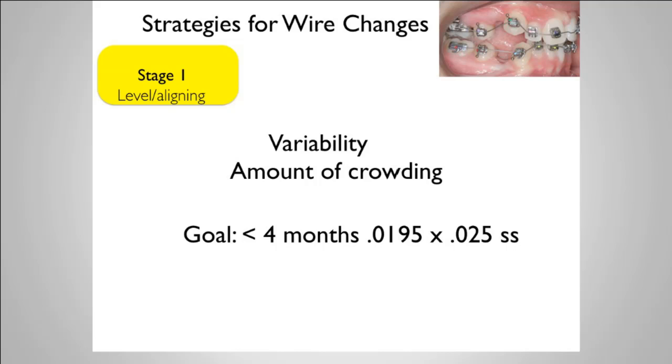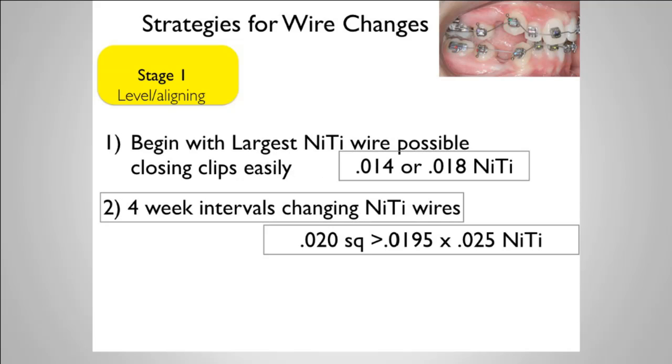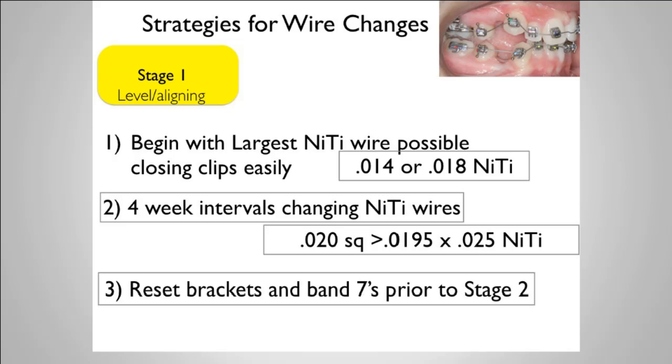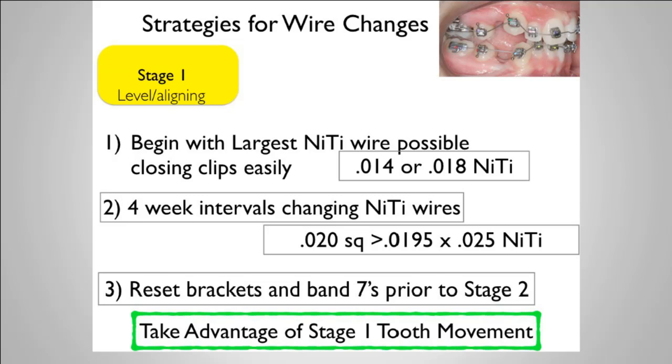Stage 1 variabilities are the amount of crowding. My goal is to get to a stainless steel wire in less than 4 months. 14 or 18 NiTi, 4-week interval changes. So we schedule these patients with 3 4-week intervals and eventually get to the stainless steel wire in less than 4 months.